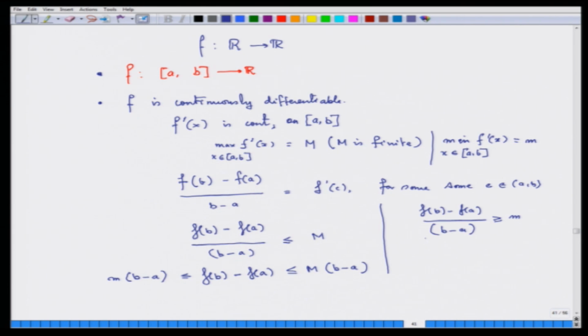So, you get f b minus f a is greater than or equal to m times b minus a. This is a fact that you can get immediately from the mean value theorem, but it does not tell me anything more.